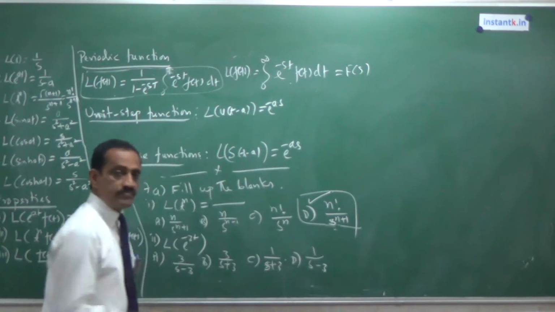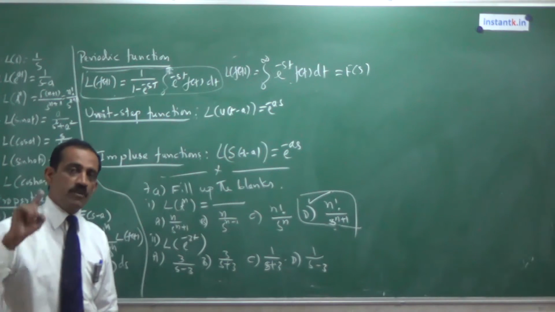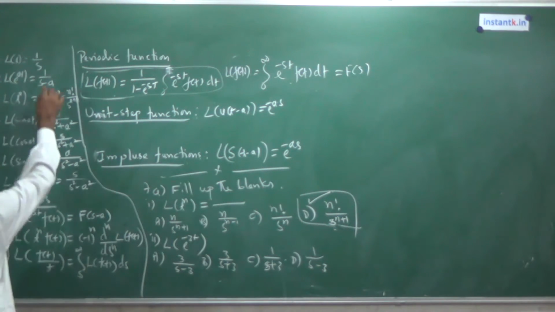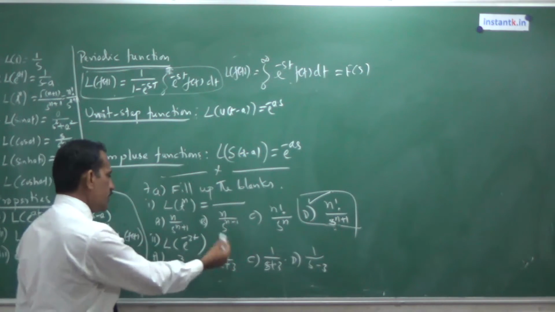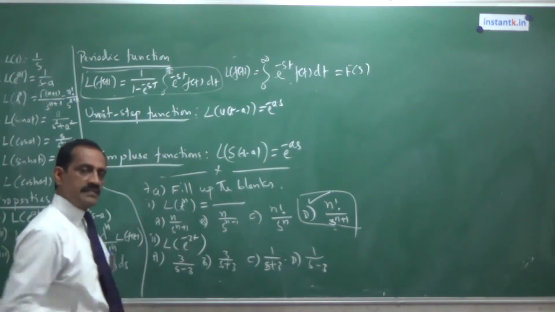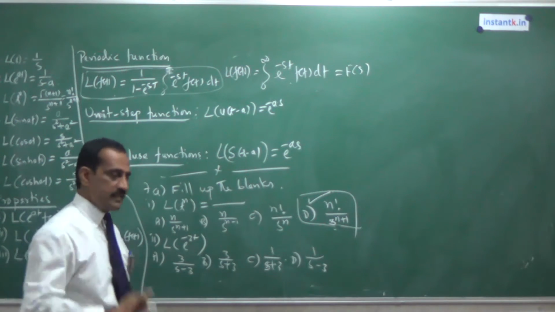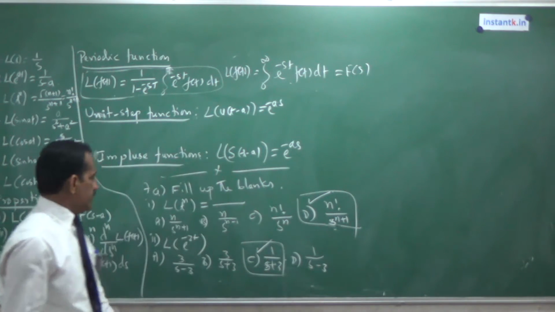It's very clear. The Laplace transform of e power at is 1 over s minus a. What is a here? Minus 3. So s minus of minus 3 gives s plus 3. So the correct option is 1 over s plus 3.